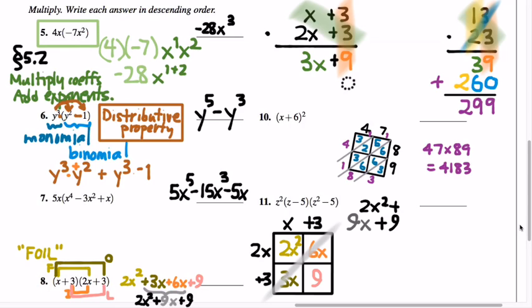Right, so then the 2x times the 3 will happen. 2x times 3 is going to give me 6x. And finally, what's the last product? Last thing we need is the x times the 2x, which is 2x squared. So now that we've done all the multiplying, what happens to finish?